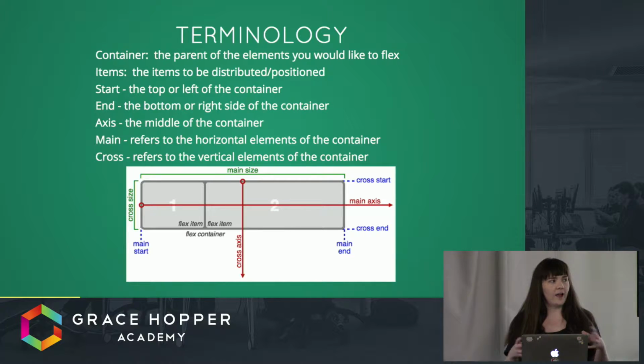So the items will just be elements within your parent element, and then the start will be the left-hand side or the top of your container, depending on whether you're talking about horizontal or vertical alignment, and then the end will be either the right or the bottom. And then the axis is just the middle, either vertical or horizontal, and then this main and cross are just kind of referencing whether you're talking about the vertical or horizontal alignment.